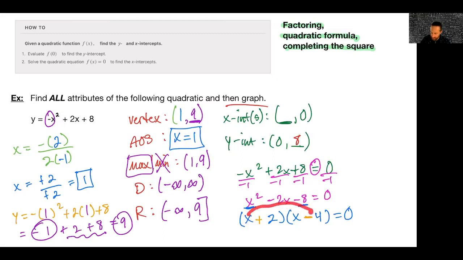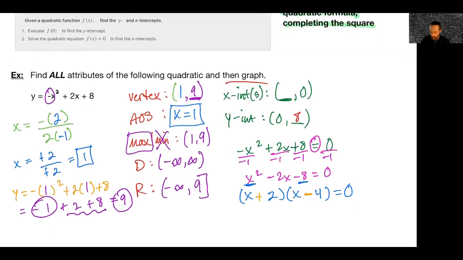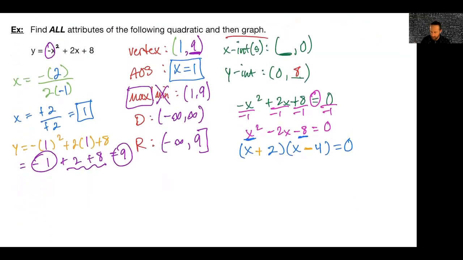So the x times -4 and the 2 times x does in fact give me my -2x in the middle. So I factored it appropriately. Now all I got to make sure is, do I know what times what gives me 0? And the only time something times something is going to give you 0 is if one of these factors is 0. And what plus 2 would make that 0?